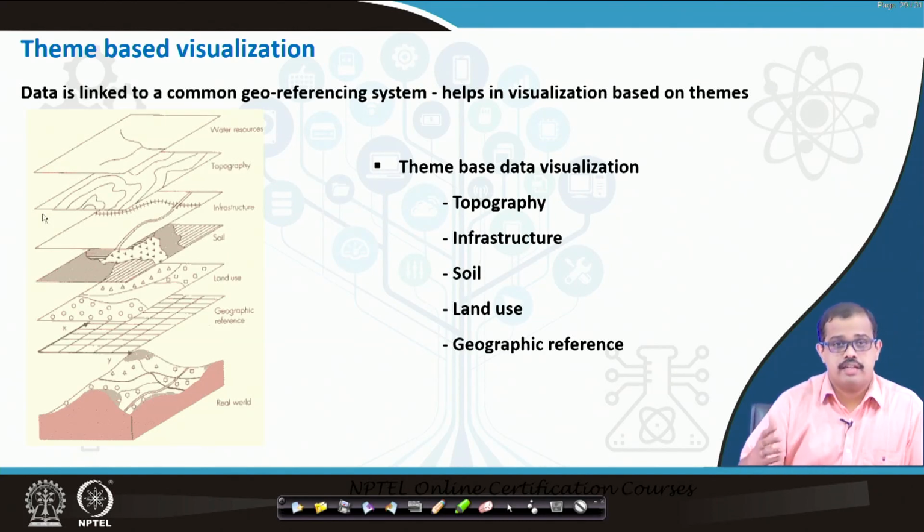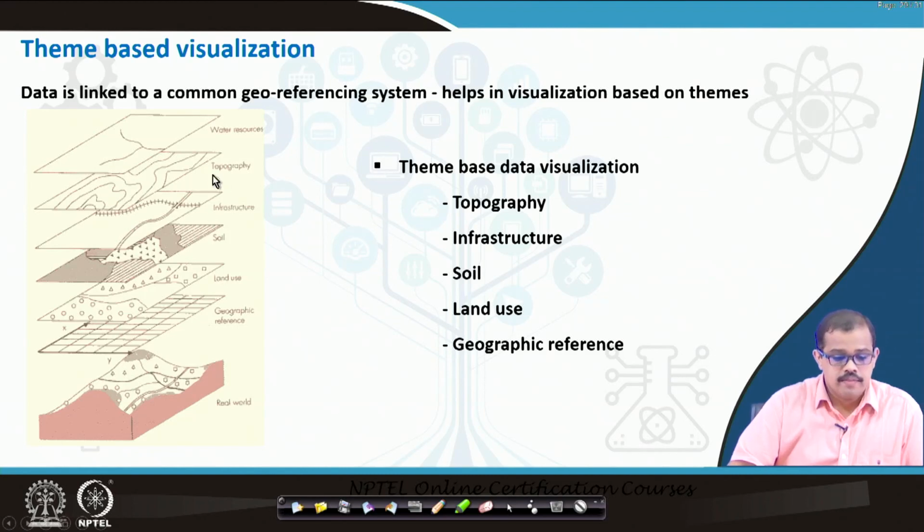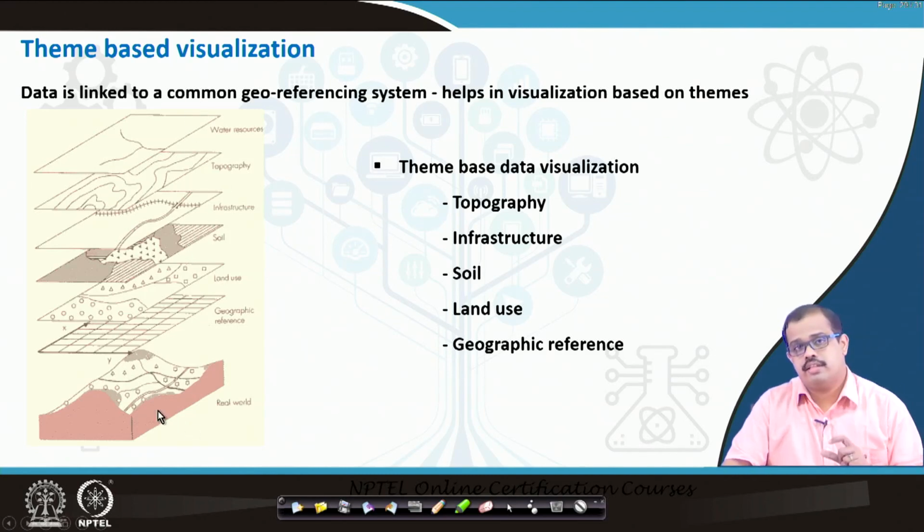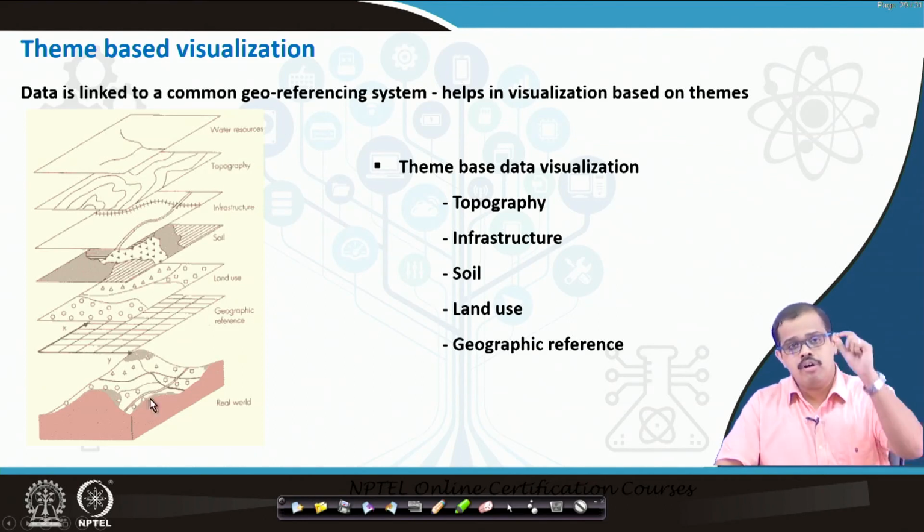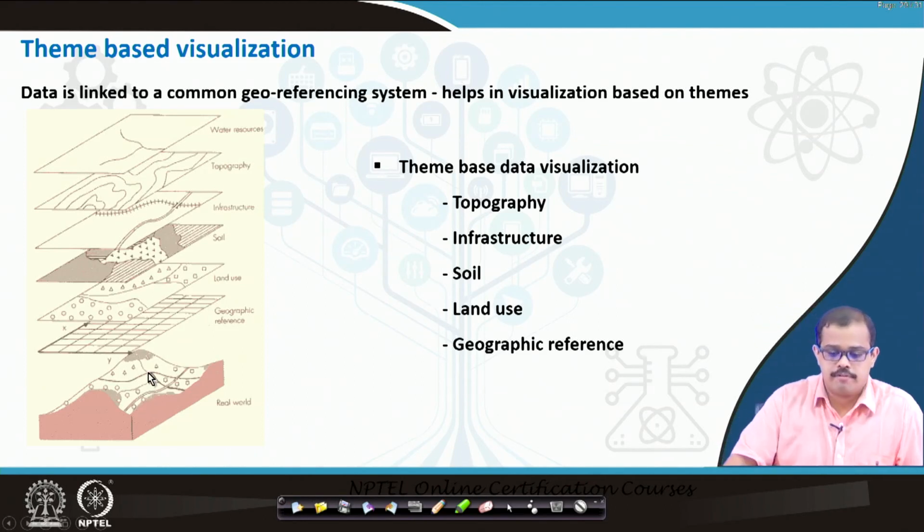Then the topographical analysis. When you see this, all this data is linked with a common geographic reference, which actually helps in theme based visualization, theme based analysis, theme based outputs.